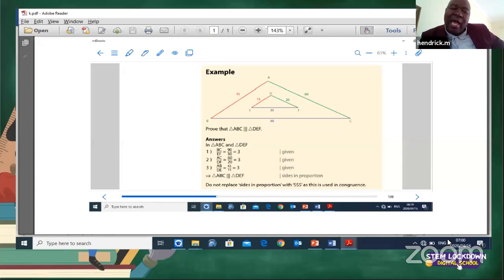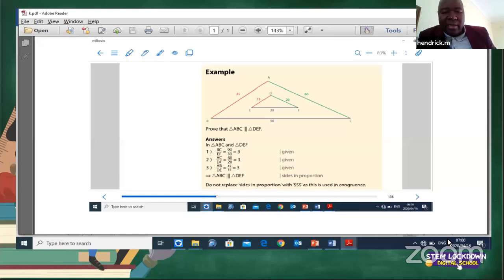Those sides are in proportion. BC's value is 90, and EF in the second triangle is 30. In the same note, AC in the bigger triangle, as well as DF in the smaller triangle, are in proportion. And the last one, AB and DE. You can see that the two lines are in proportion.